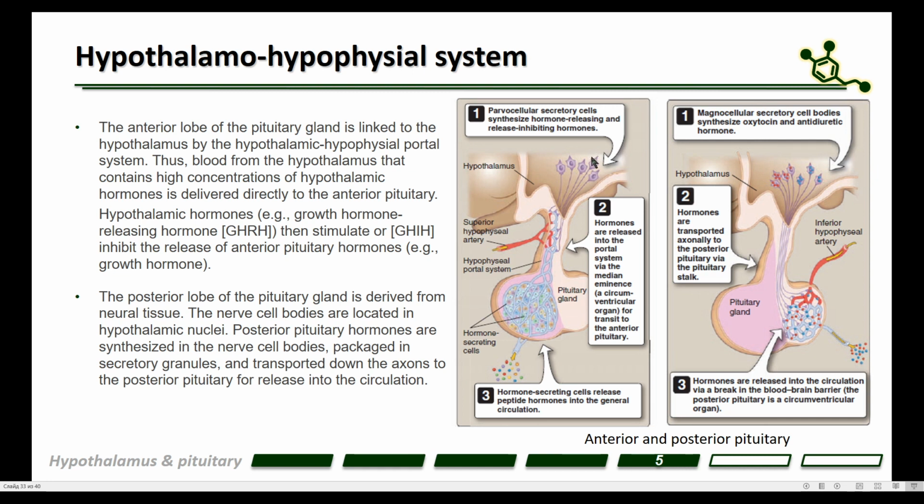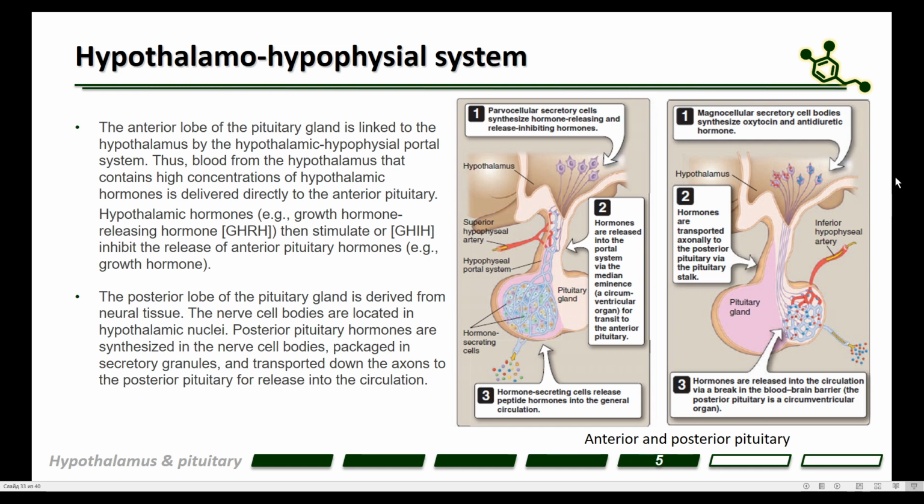These hormones will be delivered through the portal system capillaries into the anterior pituitary, where they will stimulate production of the tropic hormones. Here you have the example of growth hormone. We have growth hormone releasing hormone and growth hormone inhibiting hormone. One stimulates and one inhibits production of growth hormone itself from the anterior pituitary.